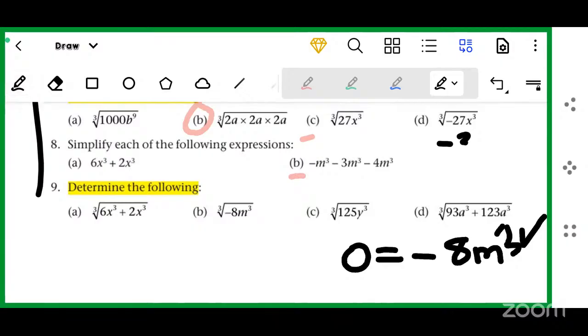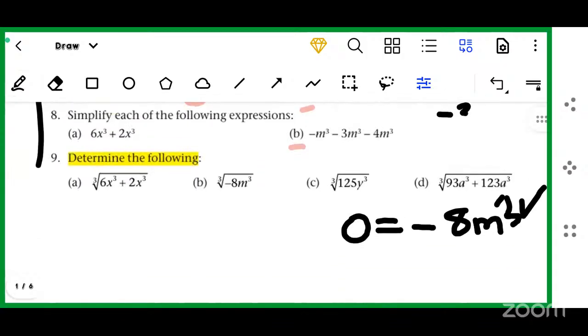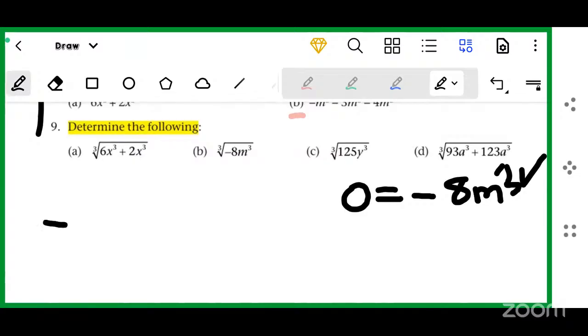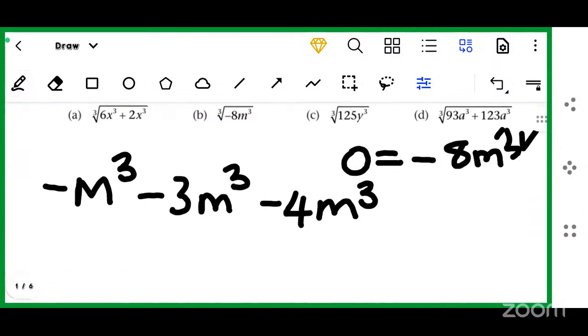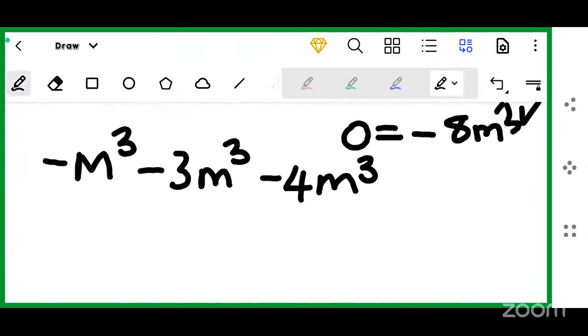So all you have to do, since we have negative m to the power of 3, negative 3m to the power of 3, negative 4m to the power of 3, is look at this one and see that we have m to the power of 3. So it can be regarded as negative 1m to the power of 3.